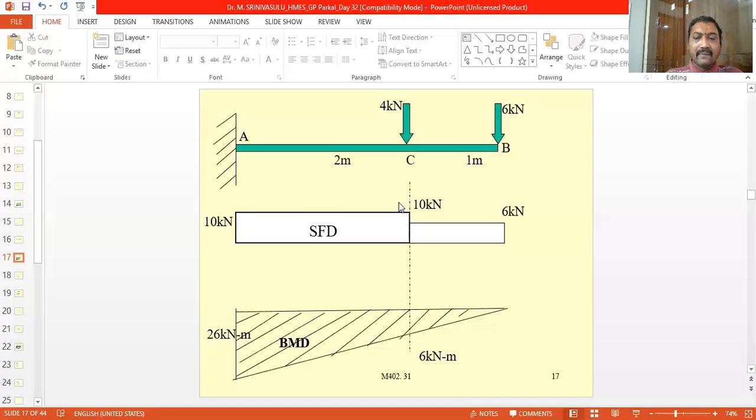In this way, we can draw the shear force and bending moment diagram, and this is the solution for the given problem.